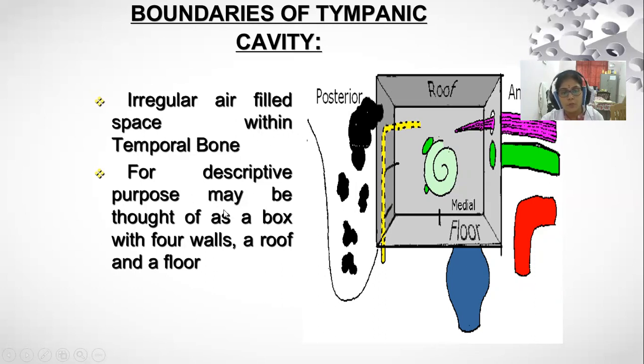For descriptive purposes, it may be thought of as a box with 4 walls, a roof and a floor. That's the roof. This is the floor. This is the anterior wall. This is the posterior wall. That's the medial wall. And what you see laterally, which is not visible here, is your tympanic membrane.